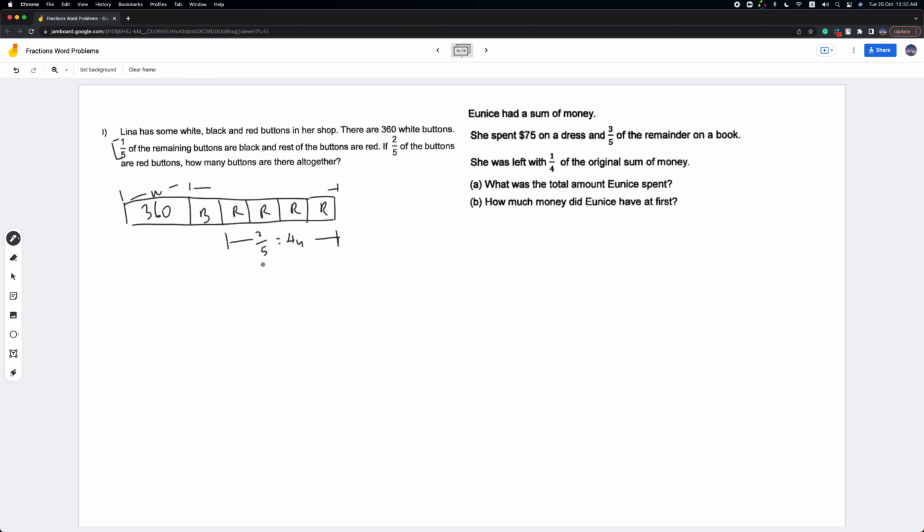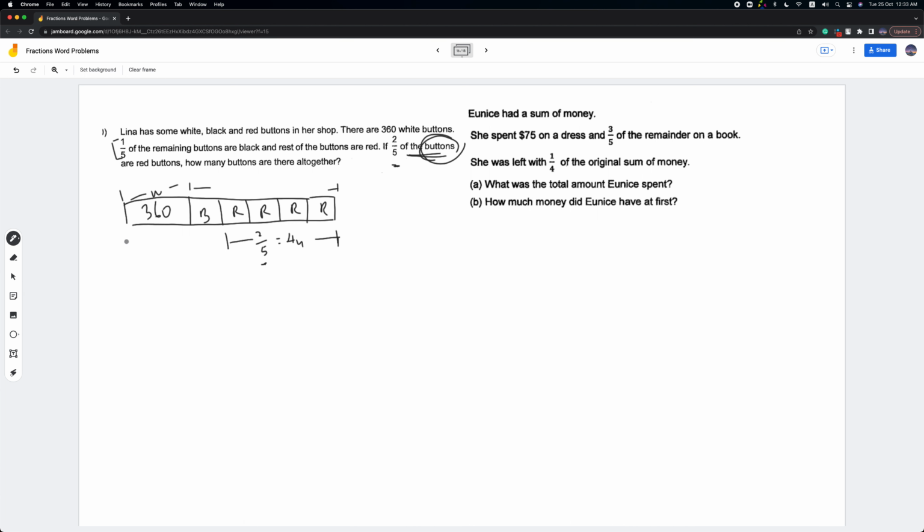The clue here is you have a fraction given of everything, and then you have the units. So 2/5, okay, again the clue is they give you a fraction of the whole thing, and then you have a unit for it. In this case 2/5 of the buttons are red. So you know 2/5 are red, and there are 4 units of red buttons there.